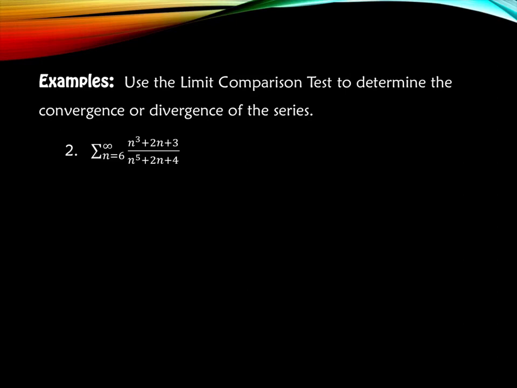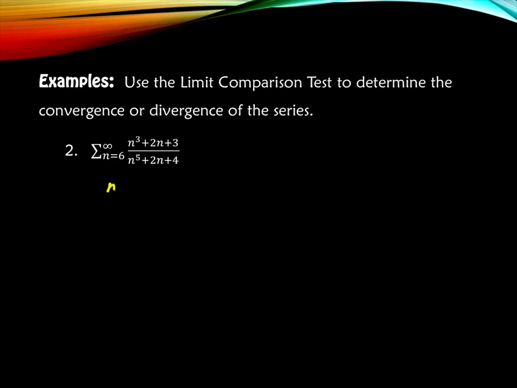So I'm not going to be able to say for certain if it's bigger or smaller using any sort of simple process, right? It's not going to be easy to determine, which makes the direct comparison test for this one not very easy to work with. So what we're actually going to do is say what this is approximately equal to instead.